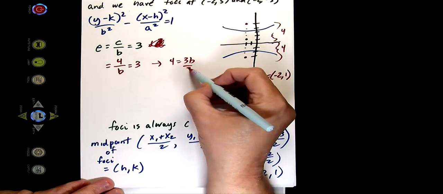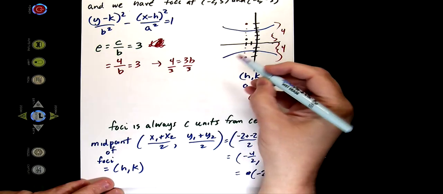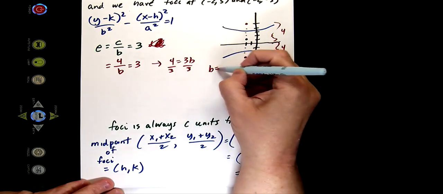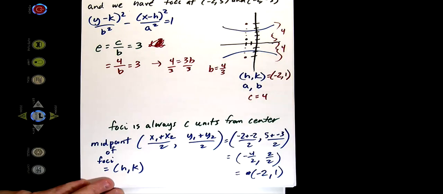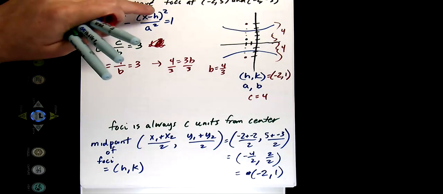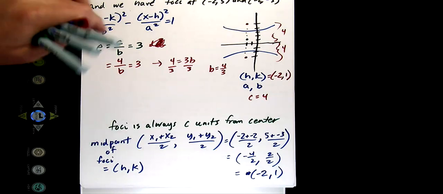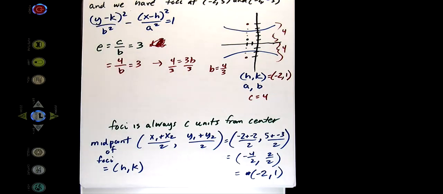And I divide by 3, and I get B equals 4/3. Well, now I've got my k, I've got my h, I've got my b. All I need is my a. How can I find my a?